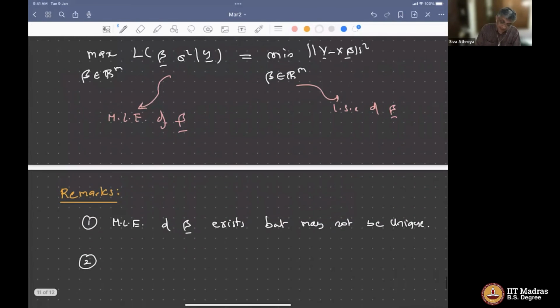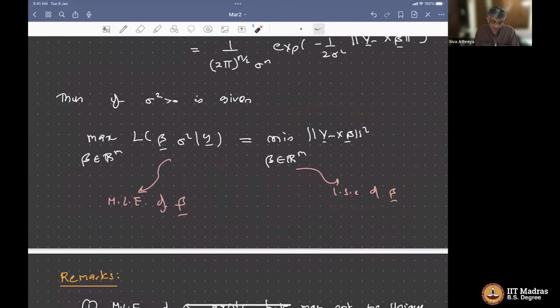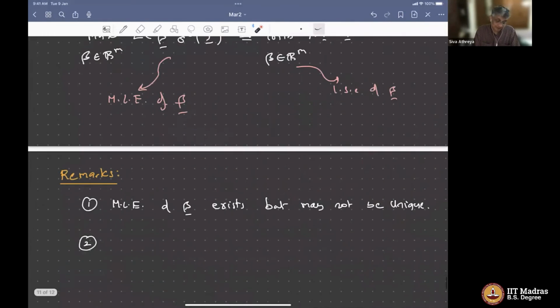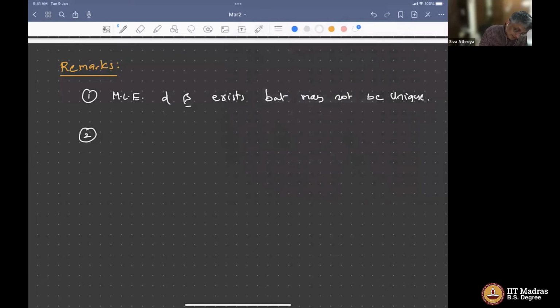It's unique when the right-hand side problem is solvable. We know the right-hand side problem has a unique solution if the rank of x is m. That's what we did today. So the MLE is unique if and only if the rank of x is m.